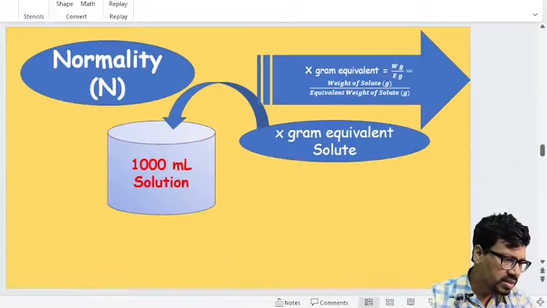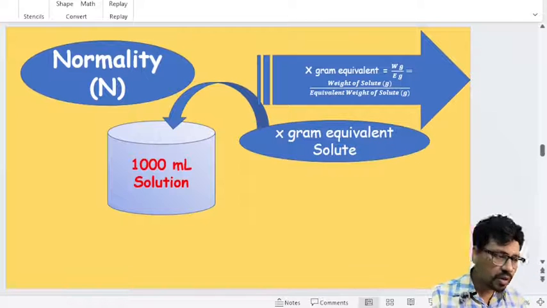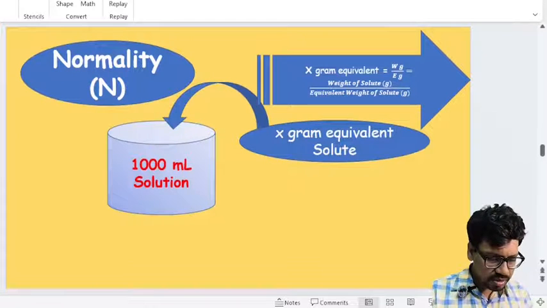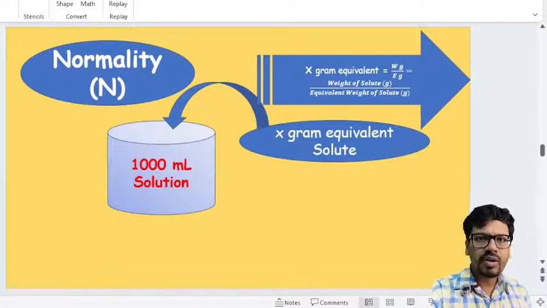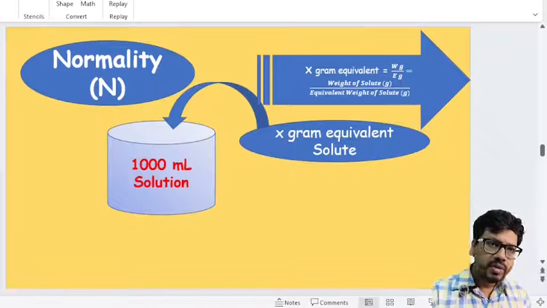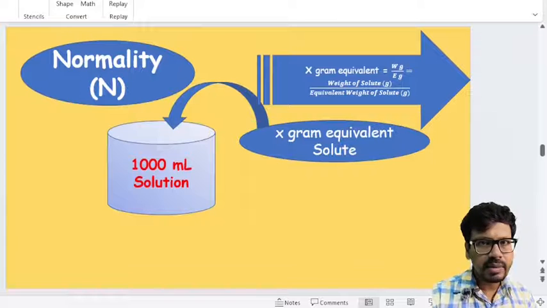The next one is normality. Normality means, this is very important, because normality is used in most of the cases. Normality is used for the titration. You know the titration, that is the quantitative analysis.